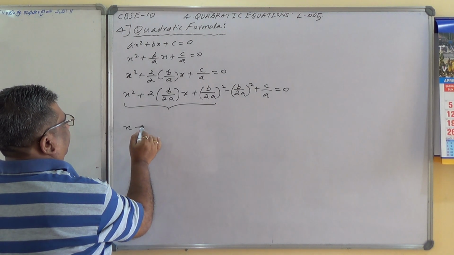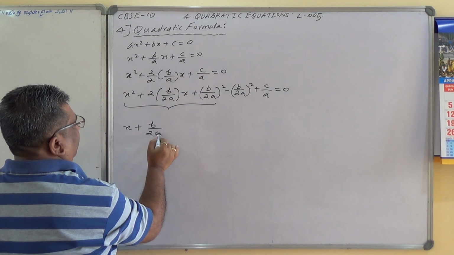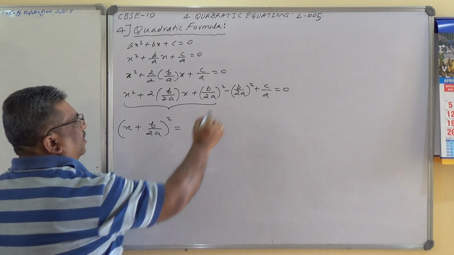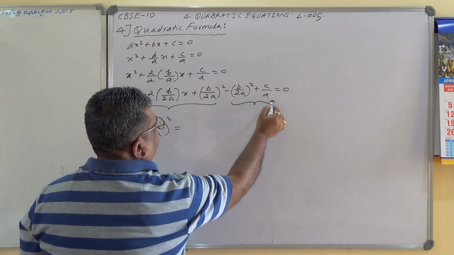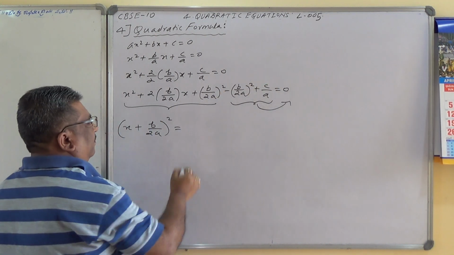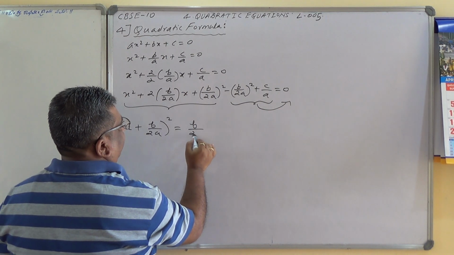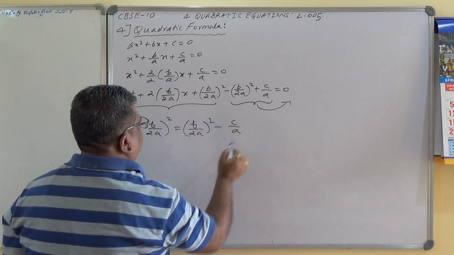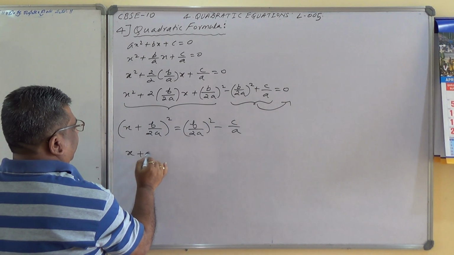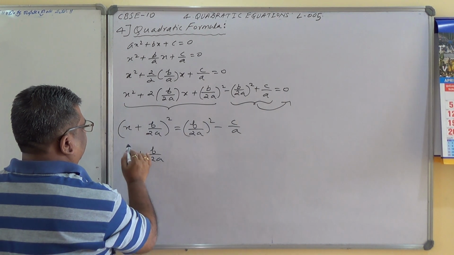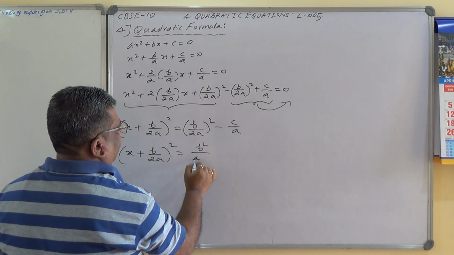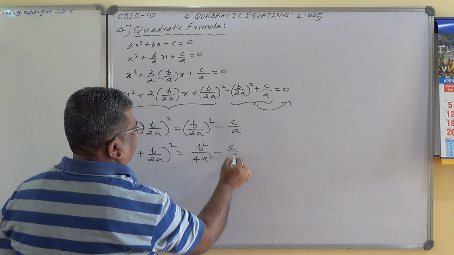So x plus b by 2a the whole square equals, transpose these two to that side, which is b by 2a the whole square minus c by a. So x plus b by 2a the whole square equals b square by 4a square minus c by a.